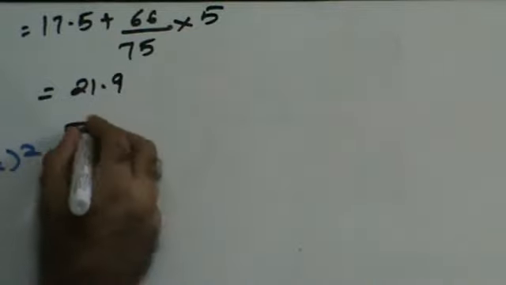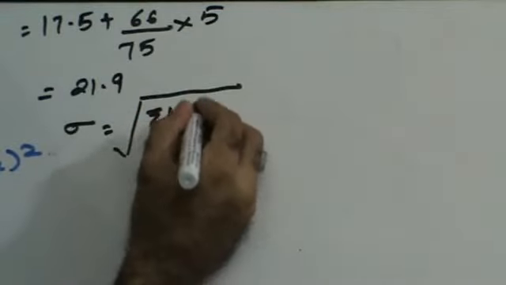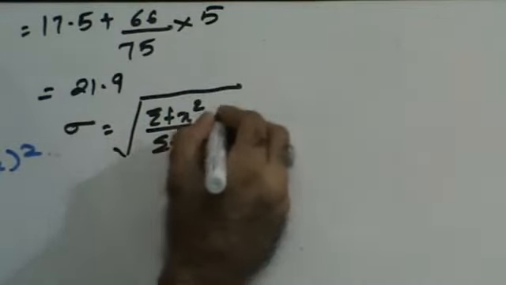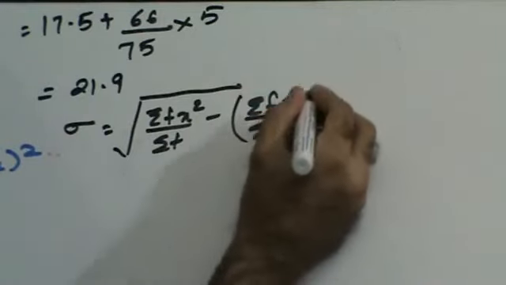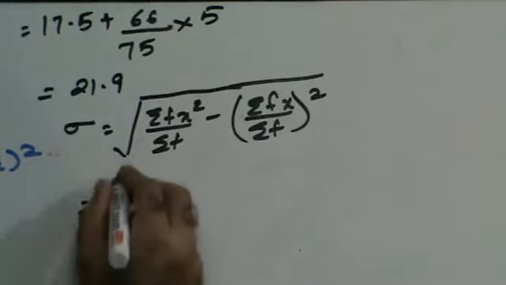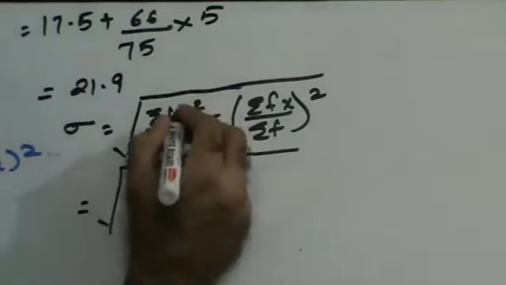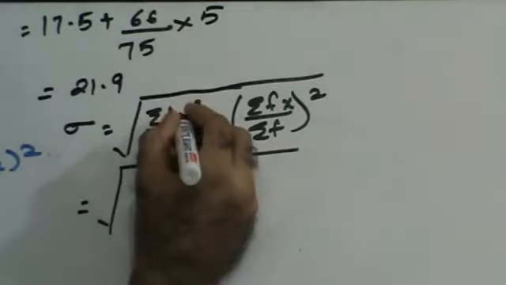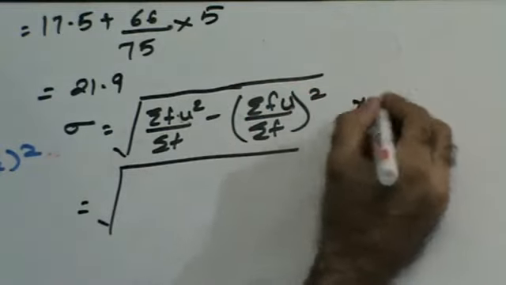Then standard deviation, square root of sigma fx square upon sigma f minus sigma fx upon sigma f the whole square, right? So this is going to be square root of sigma fx square, that's fu square here. In that case, since you've done it in u, it will be multiplied by c.